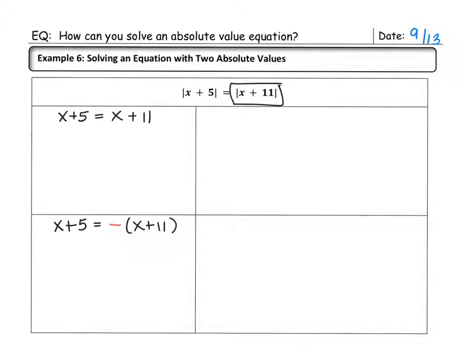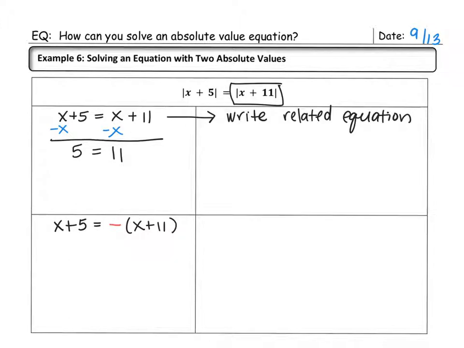So up at the top, I'm going to go ahead and subtract x from each side. So you'll notice you have 5 is equal to 11. Okay, so when we look at our answer, we have 5 is equal to 11. Our x is canceled out. And this is never going to be a true statement.